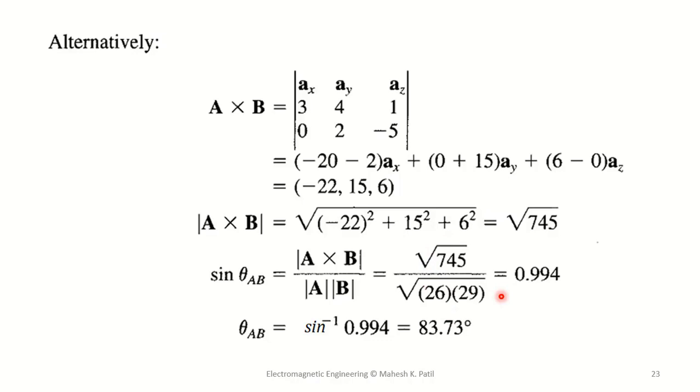To simplify this, you will get the answer as 0.994. Now this is the value of sin theta. To get the answer of theta, take the sine inverse of that 0.994. You will get this answer as 83.73 degree.